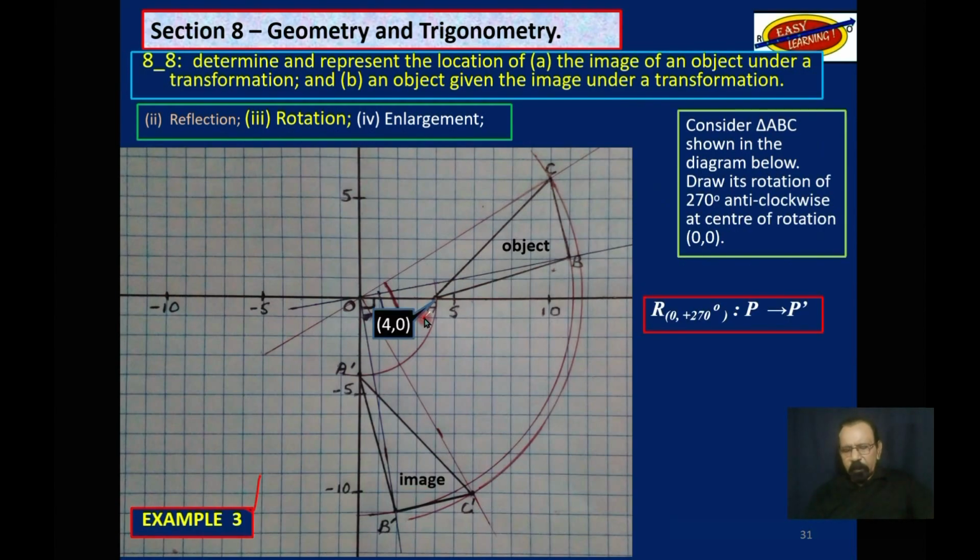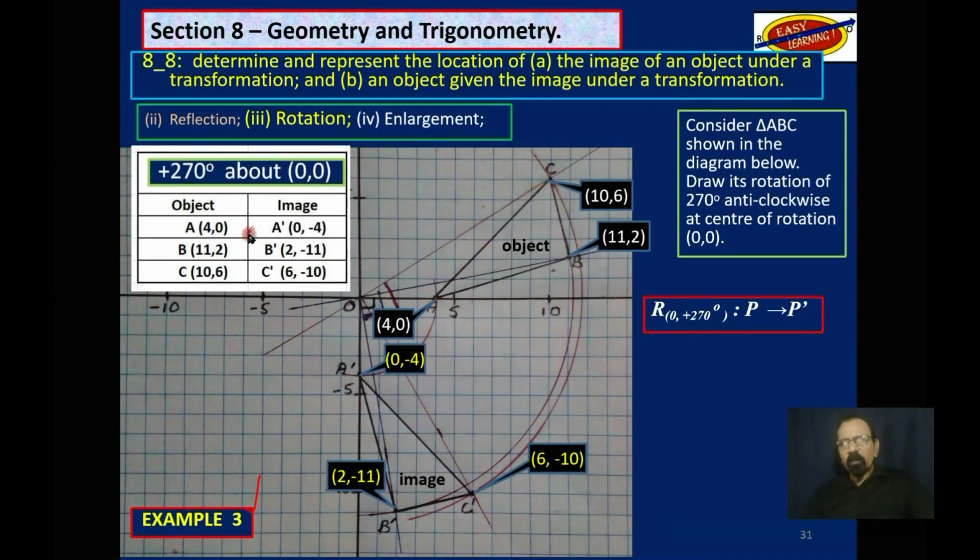Now, can we calculate that? That is 4, 0. This is 0, negative 4. This is 11, 2. This here is 2, negative 11. This is 10, 6. This here is 6, negative 10.